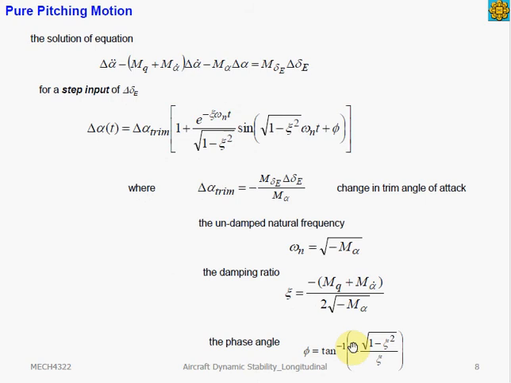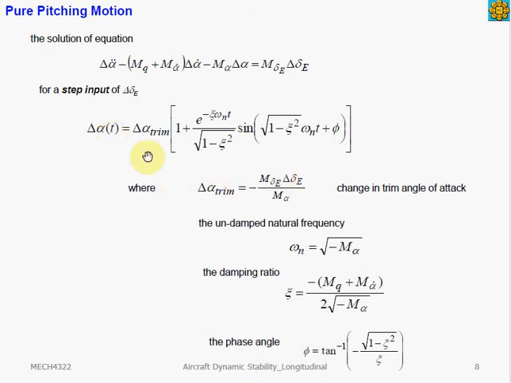We can get the solution to the differential equation by looking up the Laplace transform table or by taking the inverse Laplace transform to get the solution back in time domain. So this is the solution to our equation in response to a step input of elevator deflection. Note that this solution is in time domain.